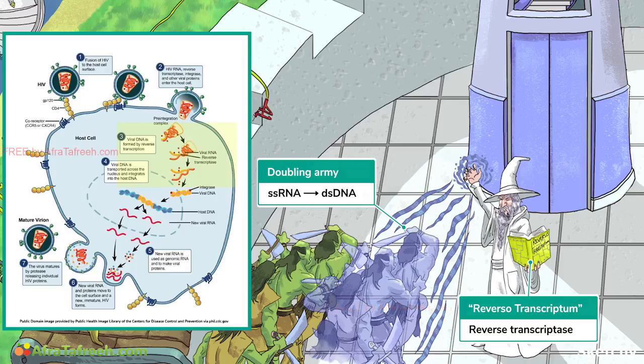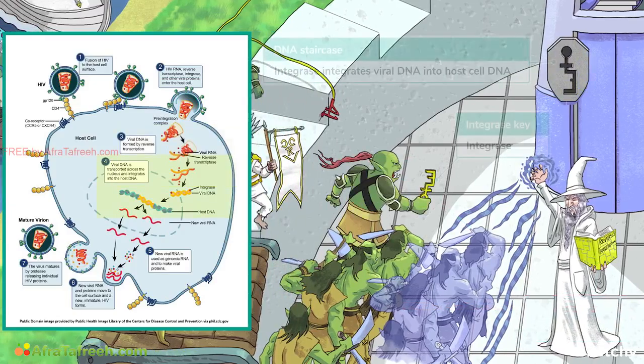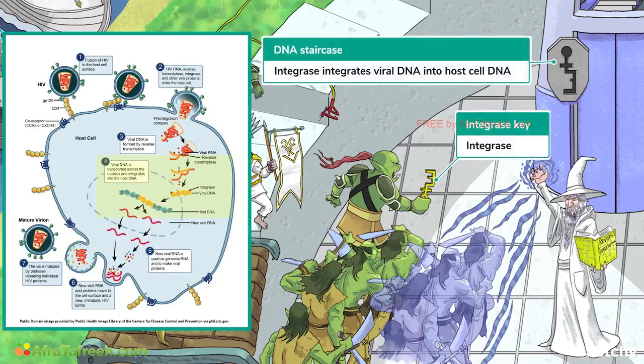Next comes integrase, yet another product of Paul the blacksmith. This enzyme integrates the newly formed viral DNA into the host cell genome. Integrase will be represented by the keys the blacksmith produces to unlock the DNA tower, so that the wizard's double-stranded DNA army can infiltrate.